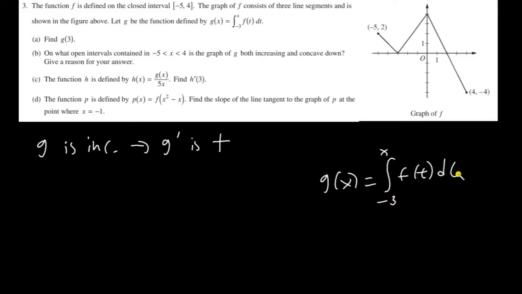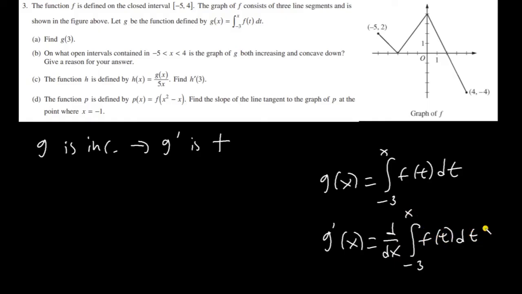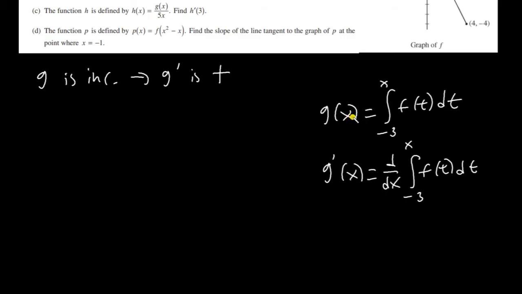If we take the derivative of it, you know by the fundamental theorem of calculus that this is just equal to f of x. So since g prime of x is equal to f of x, if g prime is positive, that means that f is positive as well.